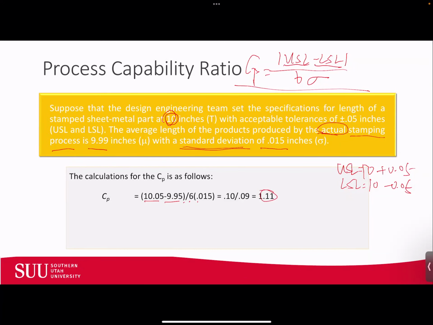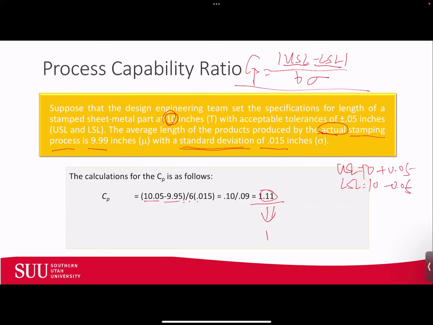Now again, is it capable or not capable? Great. So all of you feel like it's capable. Yes, it's capable because it's larger than 1. Okay, so let's end the poll here.